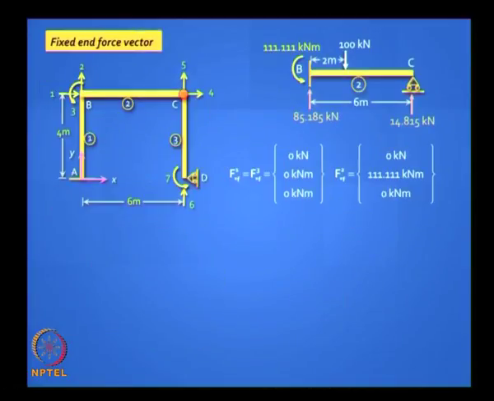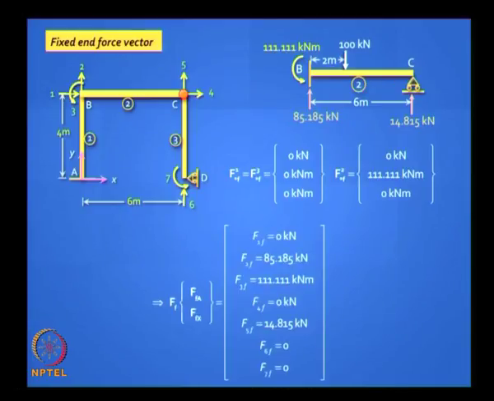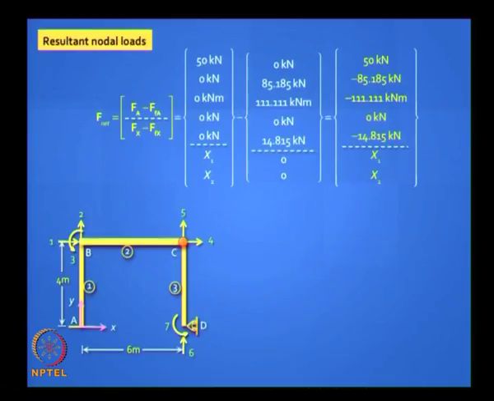Okay, so I have got my fixed end force vectors. For the first and third they are null vectors. For the second one I just have one moment there, 111.11, and that is anti-clockwise, and I can write the FF vector. Okay, clear?